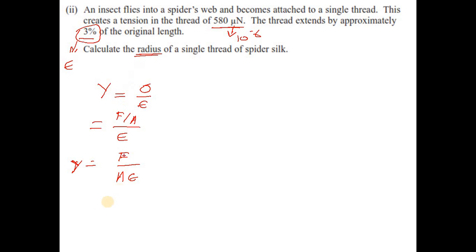That's why we are doing all these steps. This is just for your understanding. If you are okay with these steps, you can skip some of the intermediate steps. So you can rearrange for A. So A is equal to F upon Y epsilon.